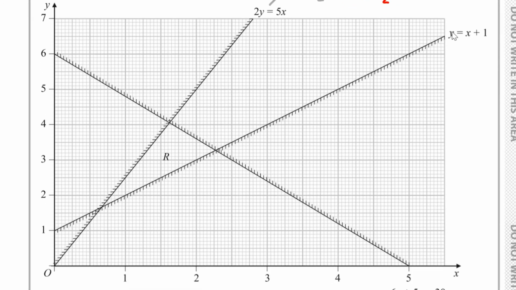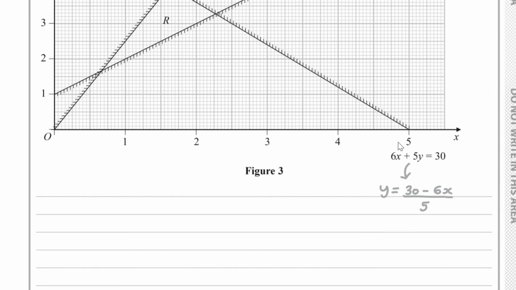And if we take a look at this, you can see here the region we don't want is everything underneath the line. So this means that y is greater or equal to x plus 1.